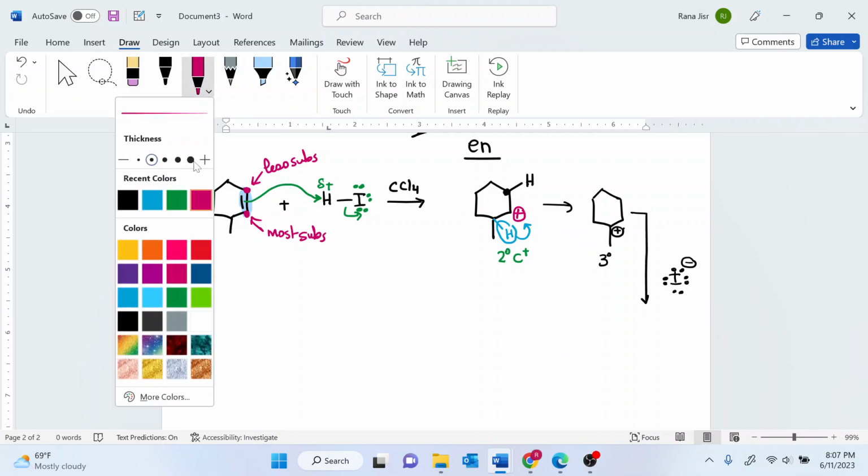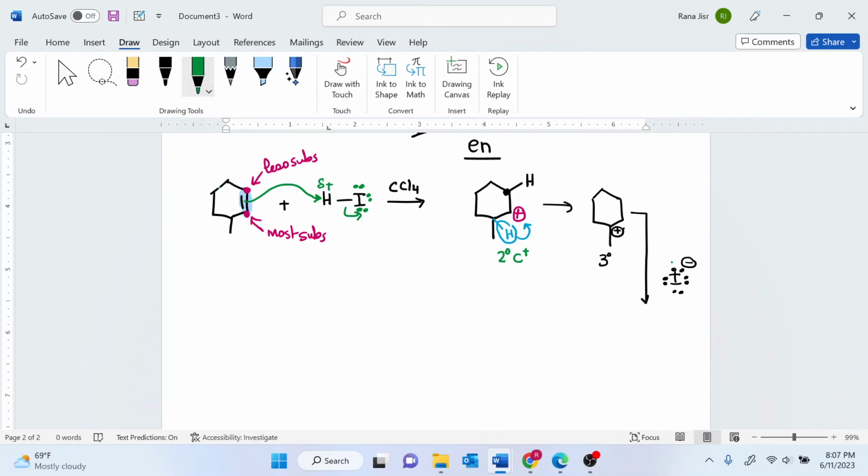So now the iodine is going to attack from the top and from the bottom, but because you don't have any stereochemistry in here, this is not a potential of a chiral center, then you don't have to consider stereochemistry.